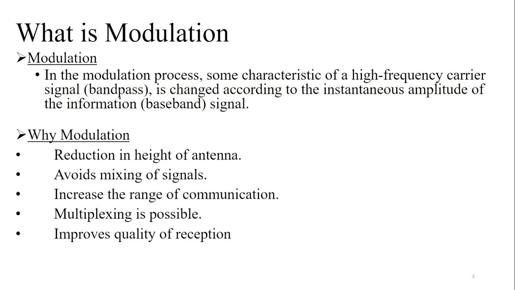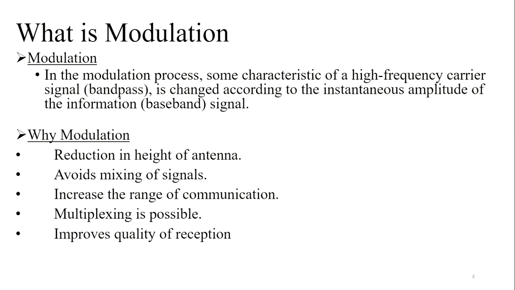Okay, next, why is modulation important? The first is reduction in the height of the antenna. The second is avoiding mixing of signals. The third is increasing the range of communication.